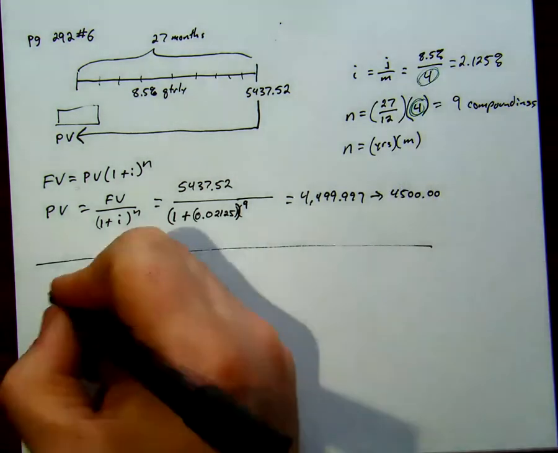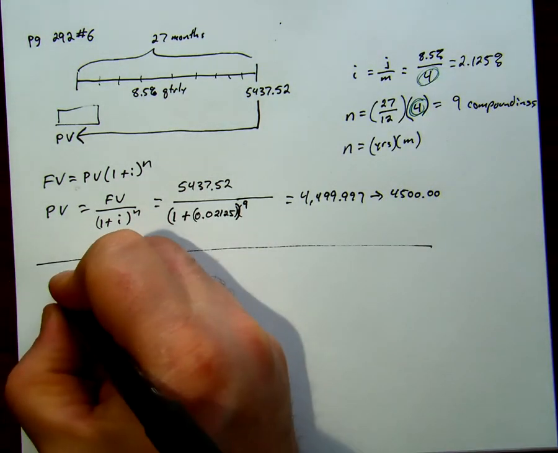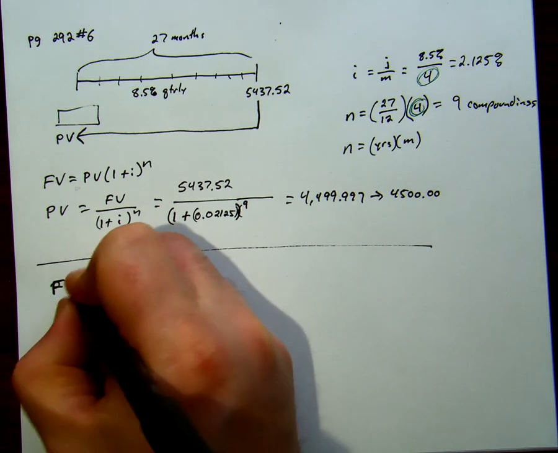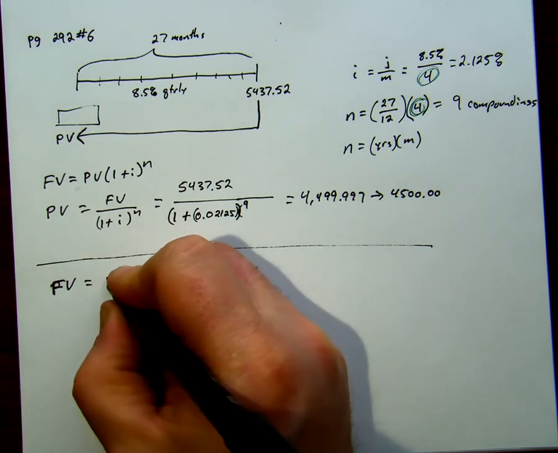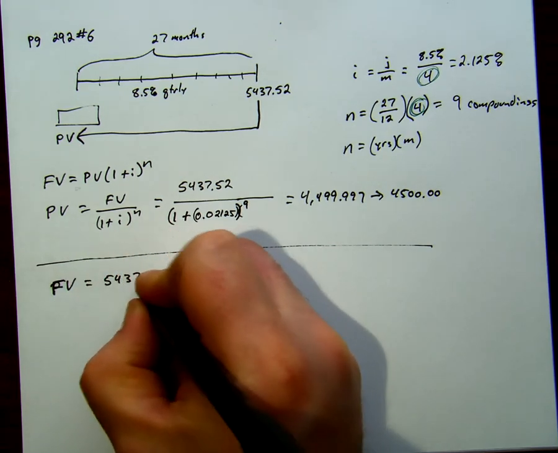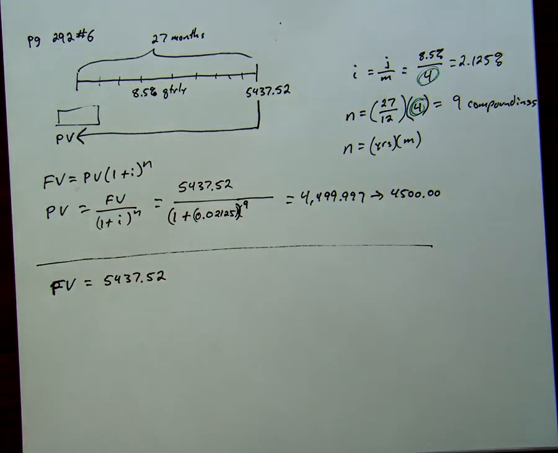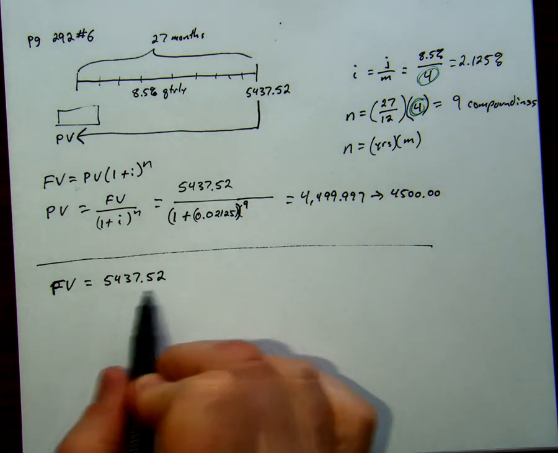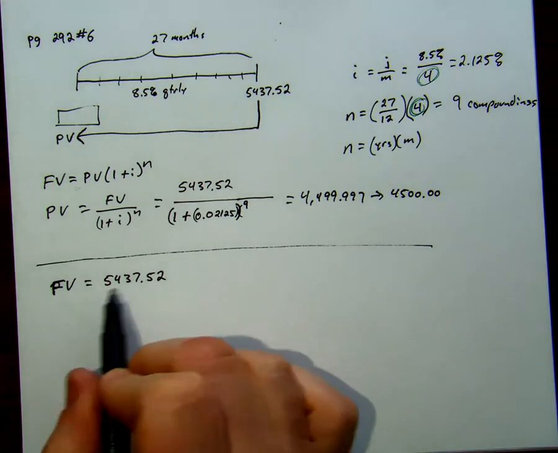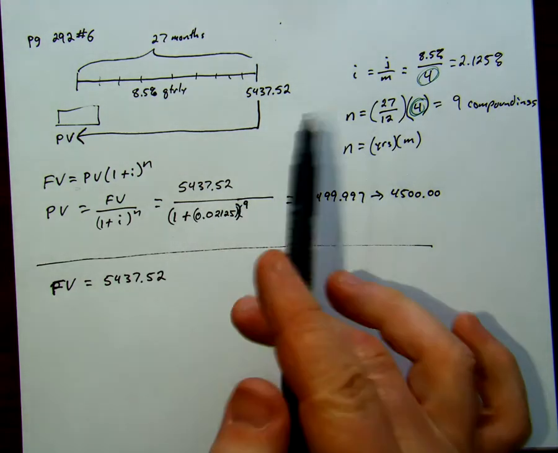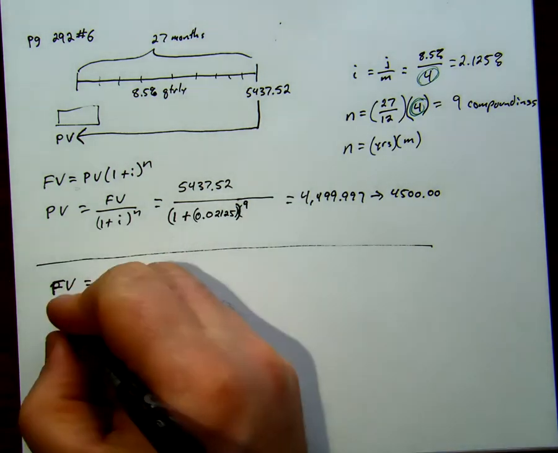Calculator i, calculator n. We say our future value was 5437.52. And if you take a look at the problem, it says what principal amount will have the maturity value? Well, do we know if we're getting paid or not? We don't. So I'm going to make that positive. I'm going to say I want to get paid $5,437.52 in the future.